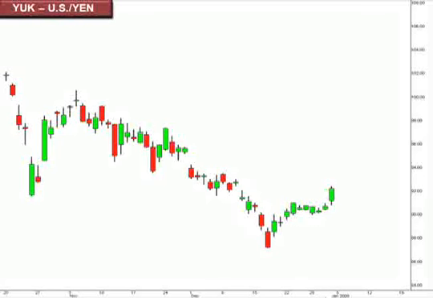Last week, we saw the YUK, the US versus the Japanese yen, consolidating within this 90 to 91 focal zone here. However, we did suggest in our outlook that there was a probability for the US to strengthen against the Japanese yen, and as anticipated, the close of last week did see this strengthening take place.